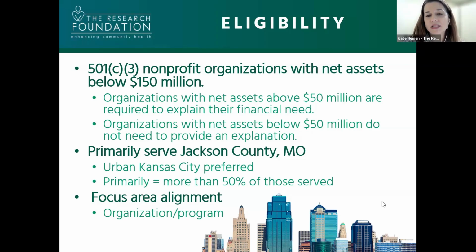And organizations who have net assets above 50 million, but below 150 million will be prompted in the application to explain their financial need. But organizations that have net assets above 150 million are ineligible to apply.